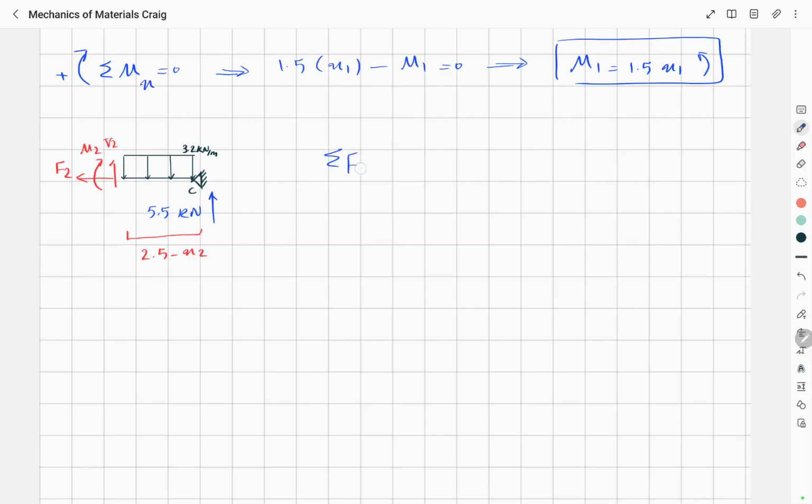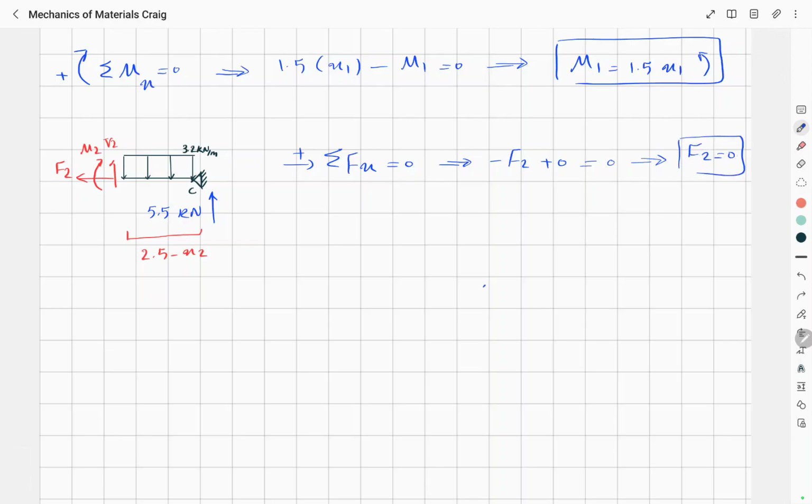Sigma Fx equal to 0 in this direction. So minus F2 plus 0, since there's no other forces in the x direction, is equal to 0. So F2 will be equal to 0.